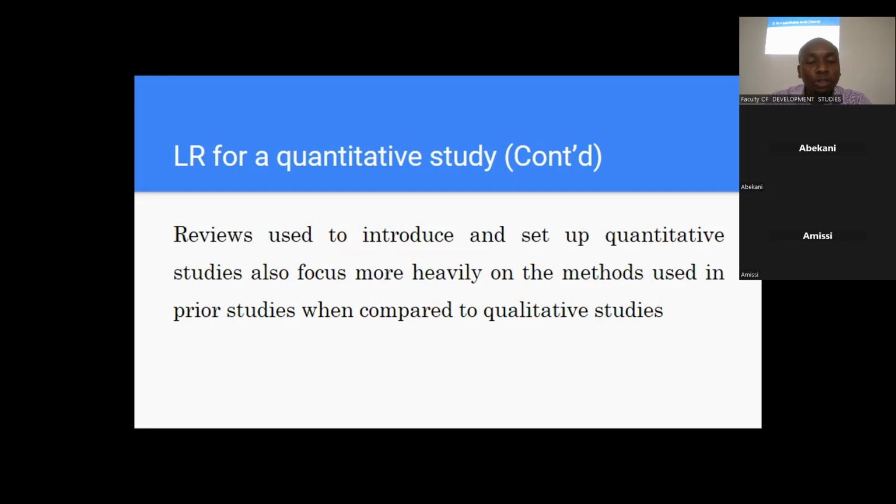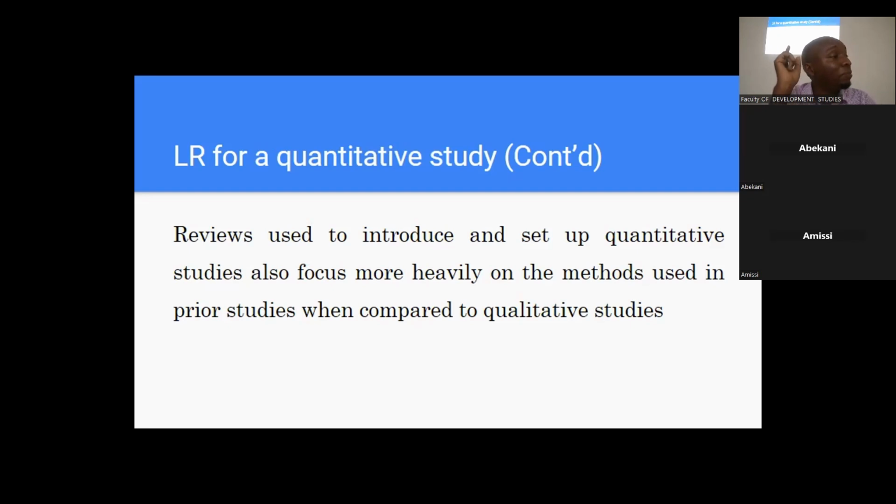The review used to introduce and set up quantitative studies also focuses more heavily on the methods used in the prior studies, even compared to qualitative. Okay. For qualitative studies, you focus on the findings, I told you. But for quantitative, you focus more on the method. Methods are important.